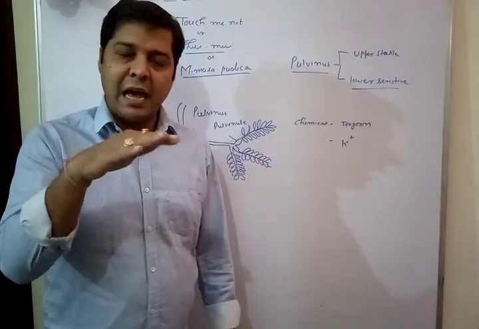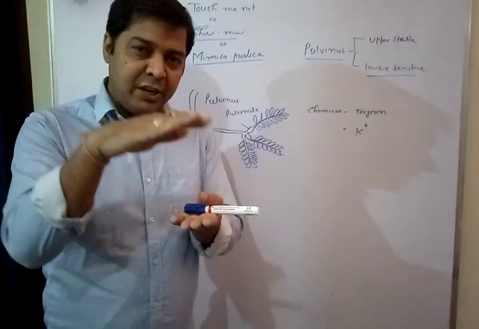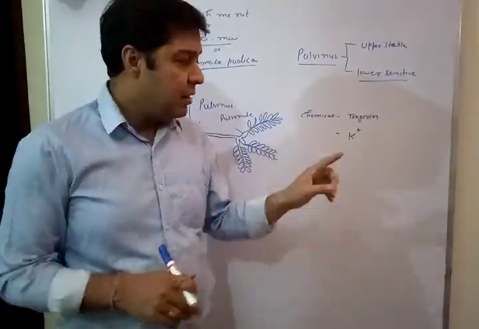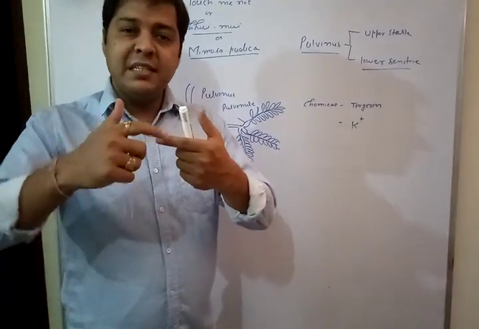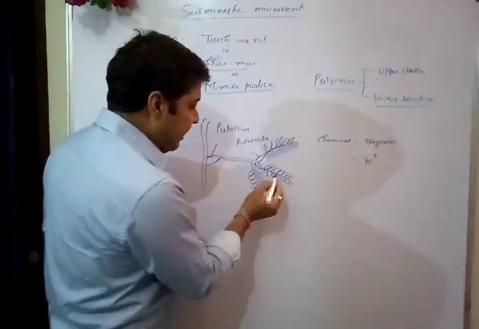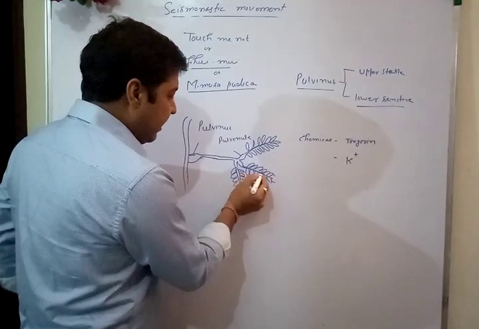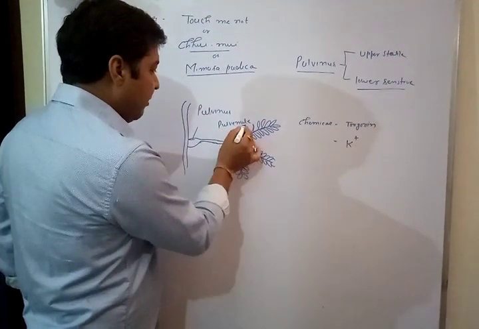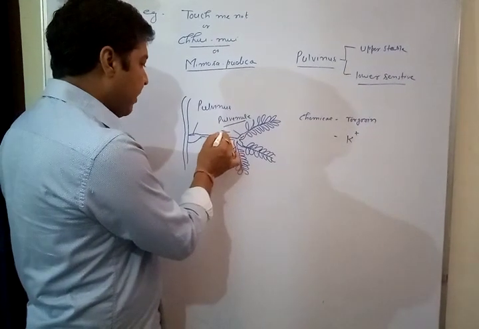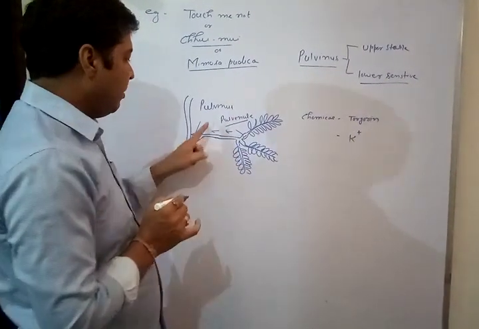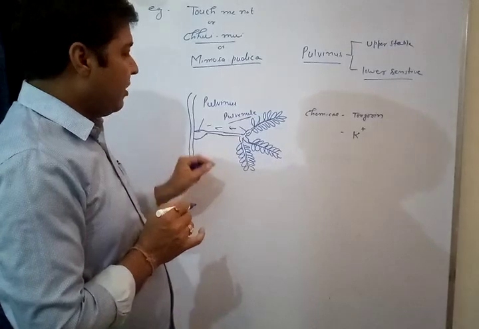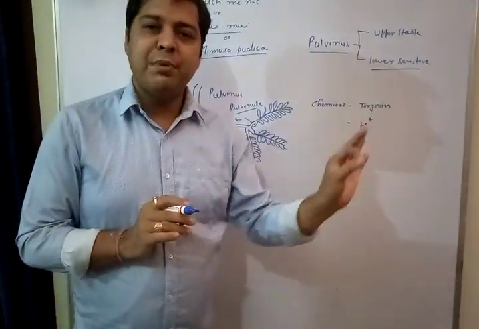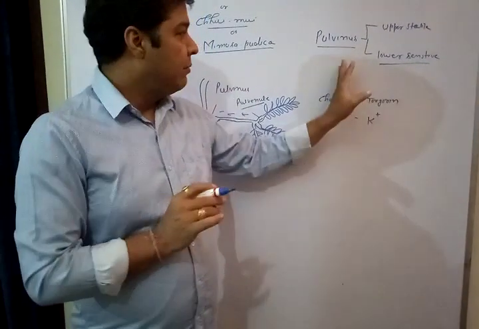As soon as we touch the leaves, the turgorine chemical along with the potassium ion starts moving backward, towards the pulvinule, and finally to the pulvinus, and all the cytoplasmic fluids start moving into the lower sensitive part of the pulvinus.